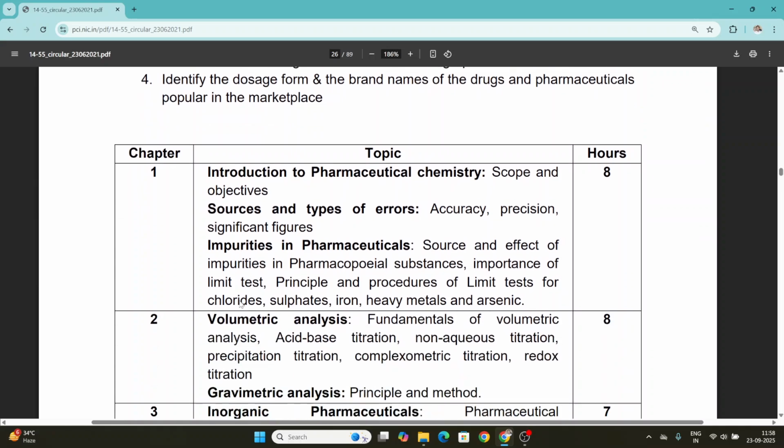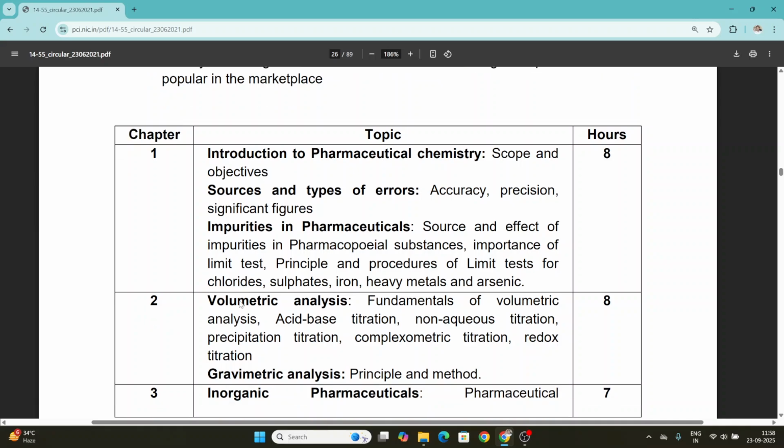Chapter 1. Topic: Introduction to Pharmaceutical Chemistry. Scope and objective. Sources and types of errors, accuracy, precision and significant figures. Impurities in pharmaceuticals, sources and effect of impurities in the pharmacopoeial substances, importance of limit test, principle and procedures of limit test for the chloride, sulfate, iron, heavy metals and arsenic.